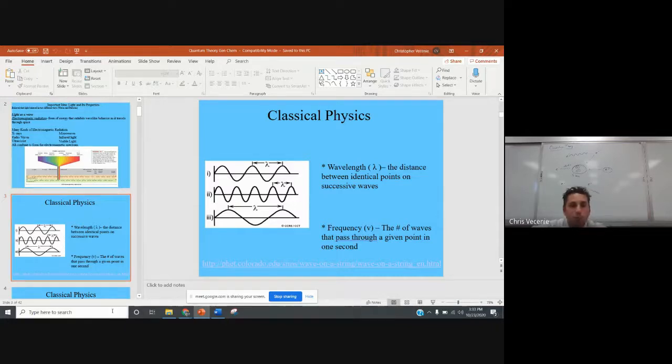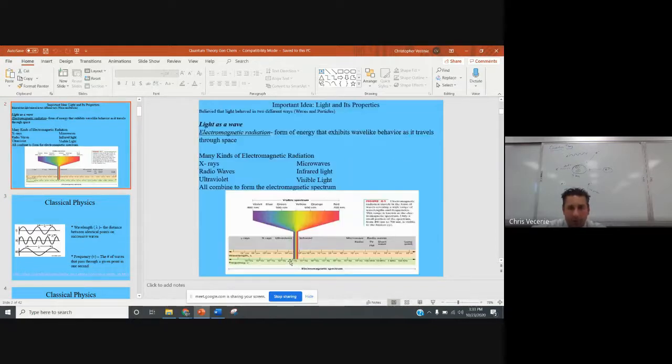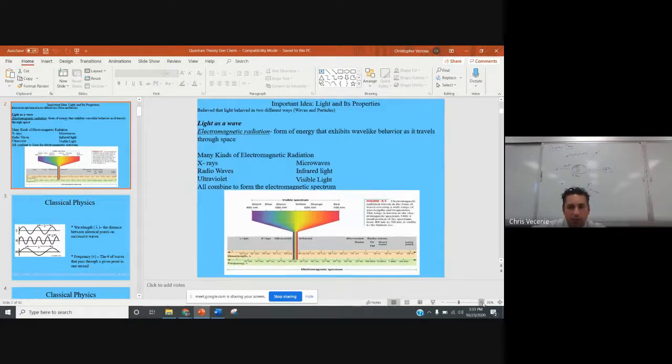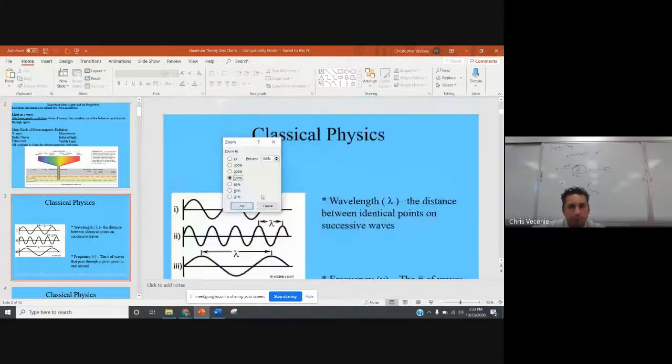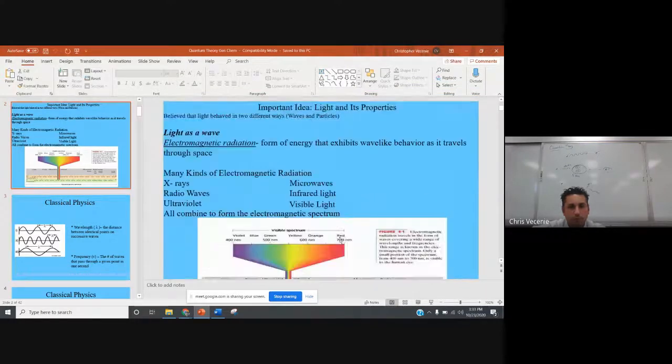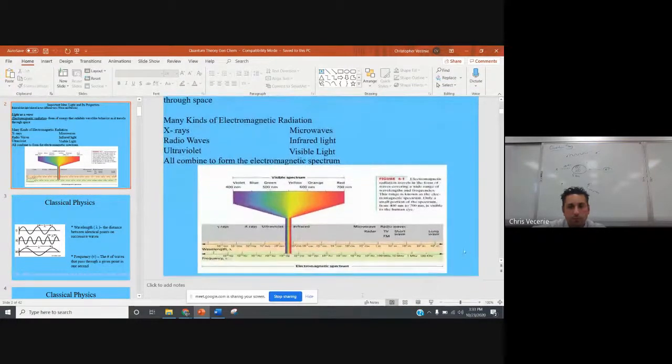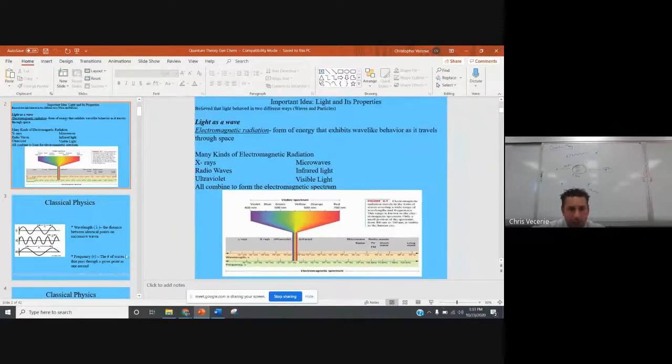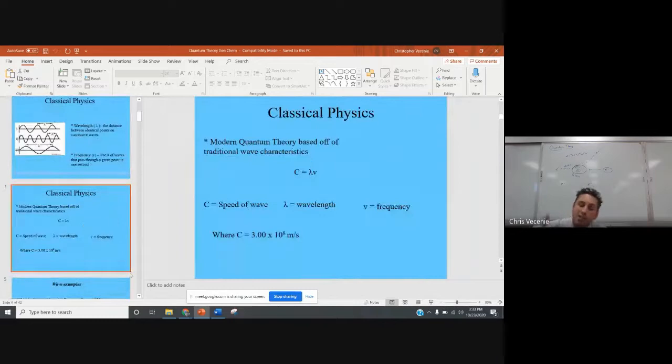From there, we moved on to, well, how do I know exactly what that's going to be? And what happens is if I zoom in on this guy, you can see this scale down here. There's number values associated with the wavelength and the frequency. So it seemingly became important of, well, how do I calculate what that number is? So we got into some math equations that let us do this.